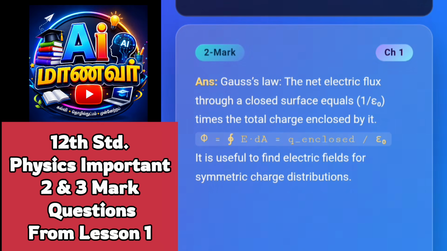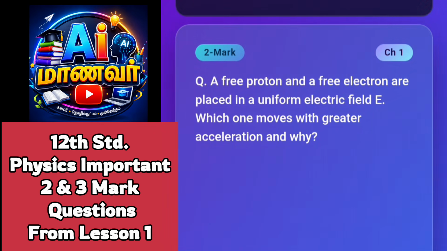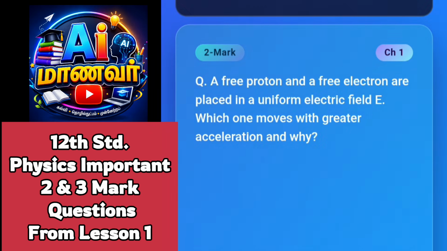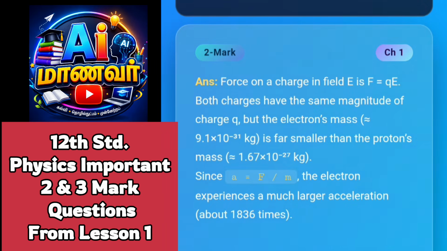இது நம்ம பார்த்துட்டோம். அடுத்தது, a free proton and a free electron are placed in a uniform electric field E. Which one moves with greater acceleration and why? Force on a charge in field E is F is equal to qE.